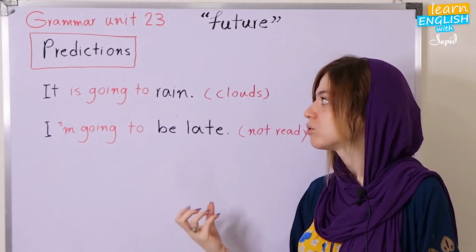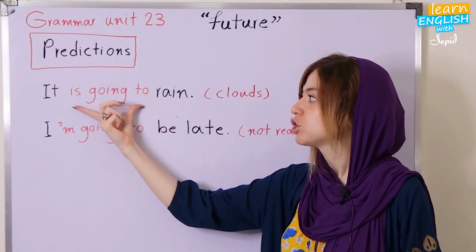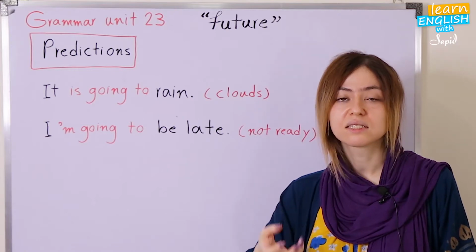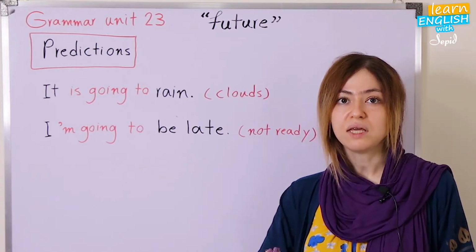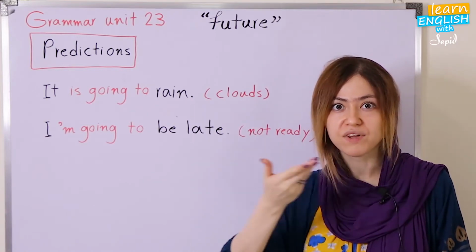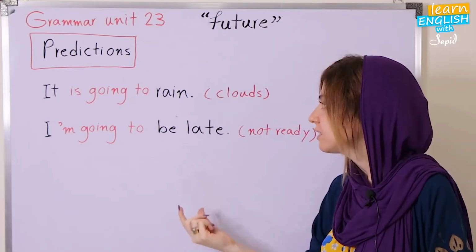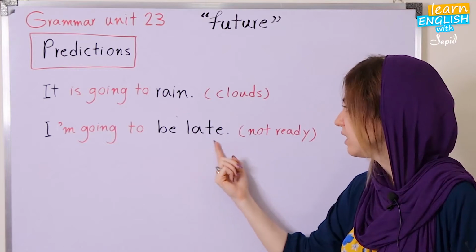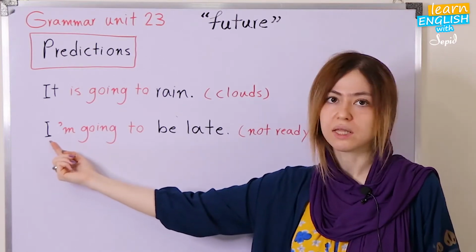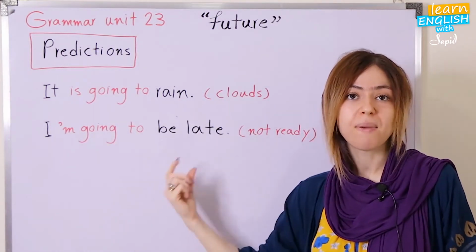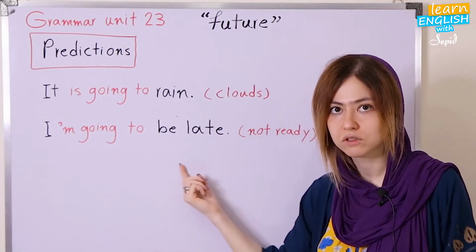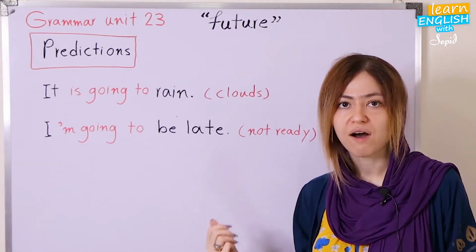Because be going to is a kind of grammar which shows the certainty. And this certainty must be just obvious in your sentences. Let's go. Here again, I'm going to be late. So again, based on a sign, this is not your personal thought because you're invited.